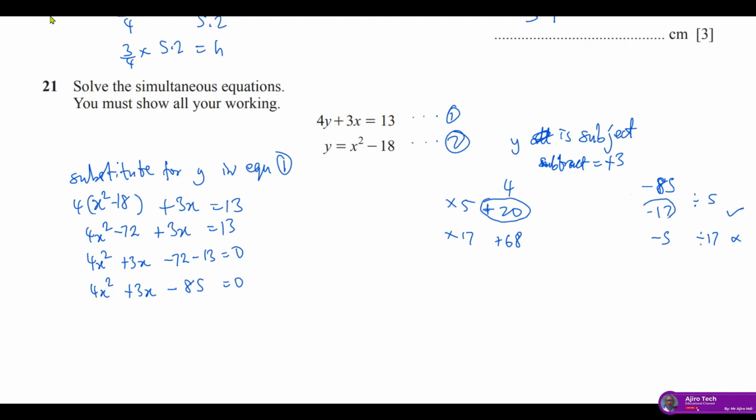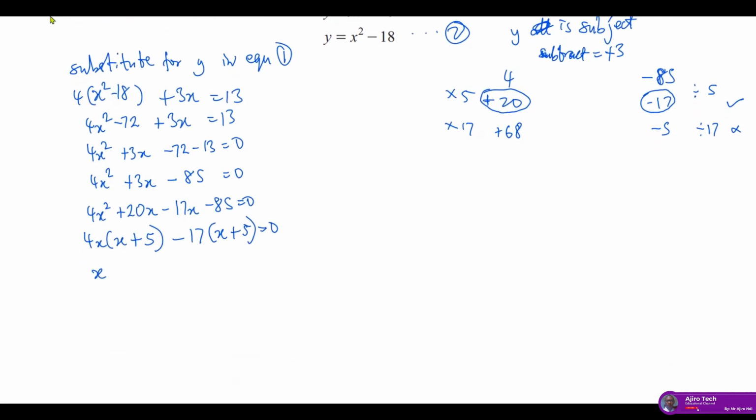So I have 4x squared plus 20x minus 17x minus 85 equals 0. 4x into x plus 5, minus 17 into x plus 5, equals 0.